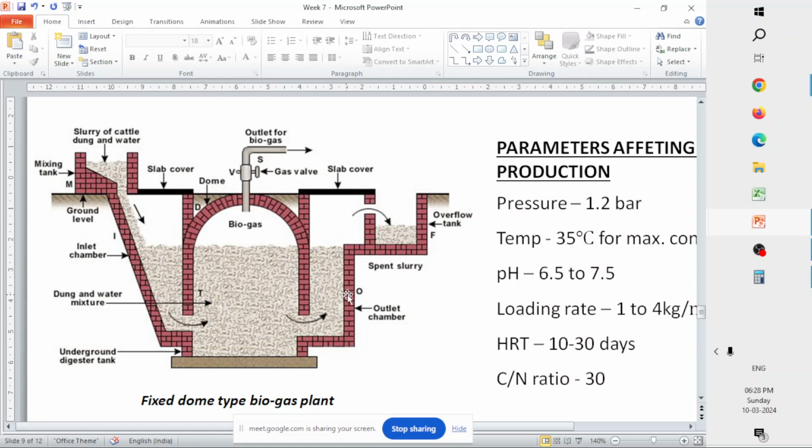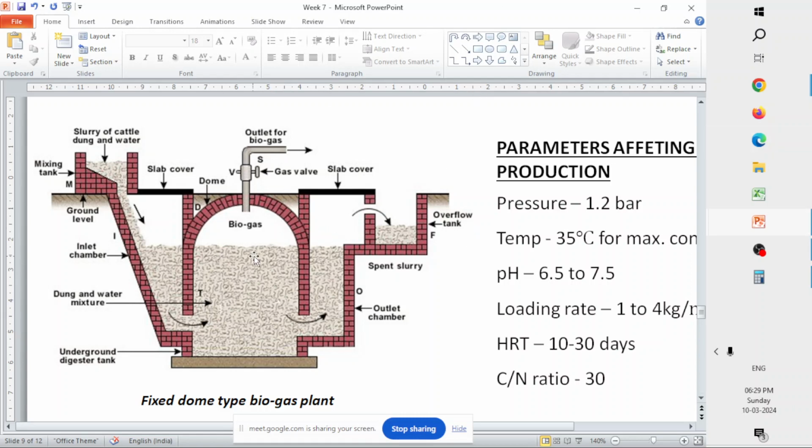This tank is called the compensation tank. Due to the increase in the pressure of the gas, there will be a displacement of the slurry from your digester tank to the compensation tank, and then it will move on to your slurry tank. The biogas that gets released here, depending upon the need, will be taken out using a gas valve. So the gas valve will be used to take the biogas from your digester tank to outside.